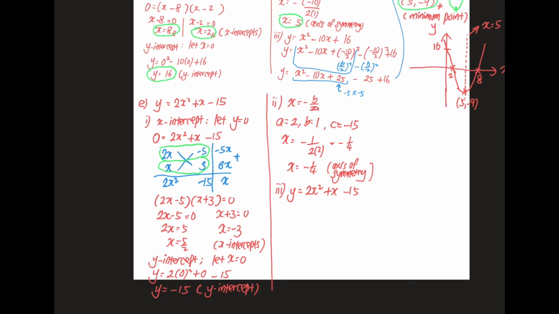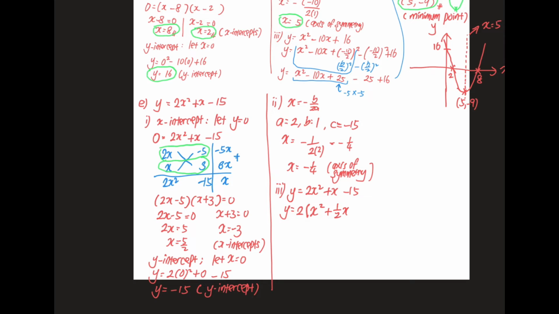So we get y equal to 2, and inside the bracket, 2x squared divided by 2 gives x squared, and then x divided by 2 gives 1 over 2 x.